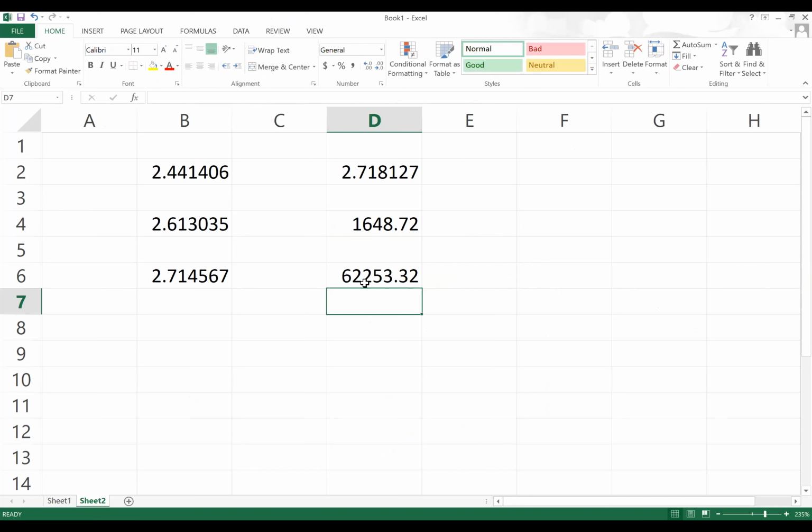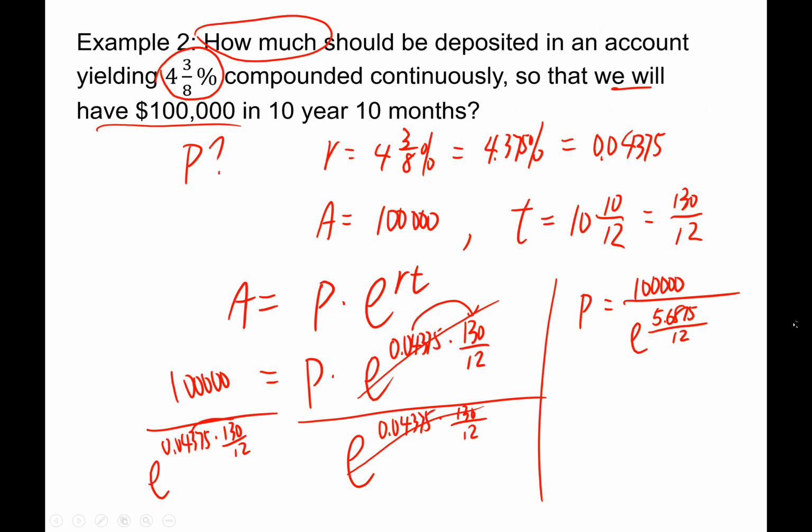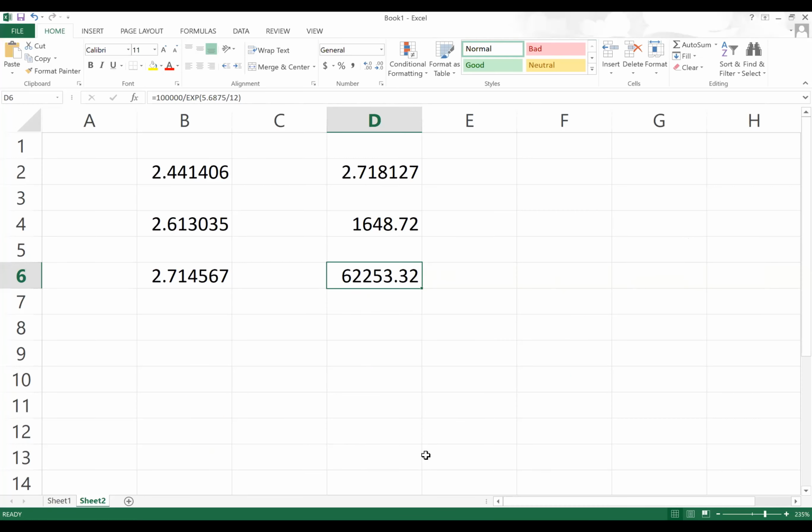So it turned out to be $62,353.32. That means that's your initial investment. Once you put in the initial investment, then you get the final result. So this is approximately $62,000.